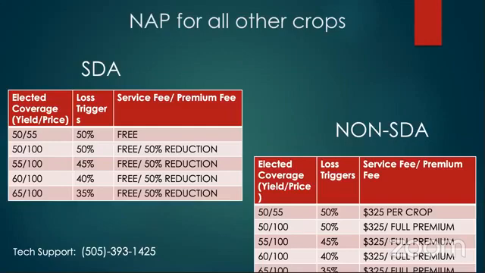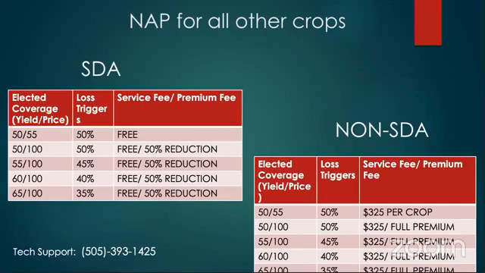The only hang up with this is that there is a premium fee attached to that crop, and it is based on the type of crop that you want coverage on. But if you are SDA, the initial service fee of $325 is waived, and then the premium fee for that crop is cut in half.